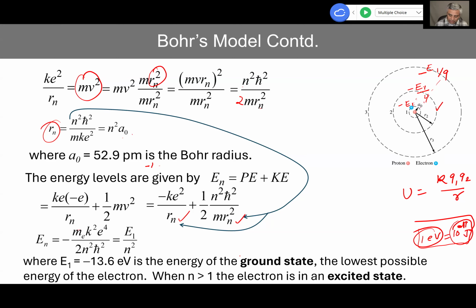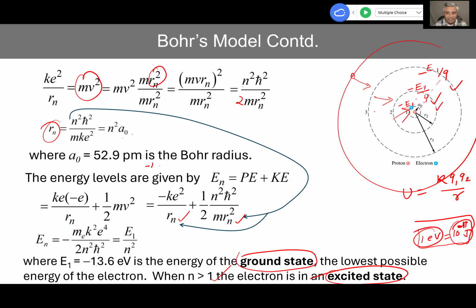So this is called the ground state, the first one, and then the one bigger than that is called the excited state. Electrons mostly spend time in the ground state, but if somehow they get pushed from that orbit, they may take this or that or higher, depending on how much energy is used to push them. Then they spend about a microsecond, and then they start coming down. When they are coming down, that's when they emit this spectrum.